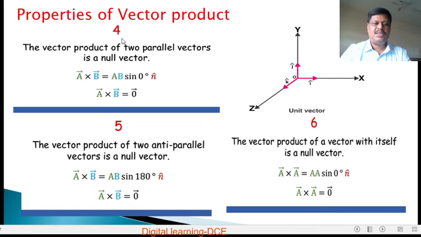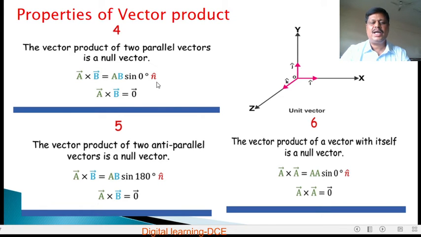The fourth property is that the vector product of two parallel vectors is a null vector or zero vector. Parallel vectors means the angle between them is 0. Theta is 0, sin 0 is 0. So A cross B is equal to AB sin theta into n cap, and with theta 0, sin 0 is 0, so 0 into anything is 0.